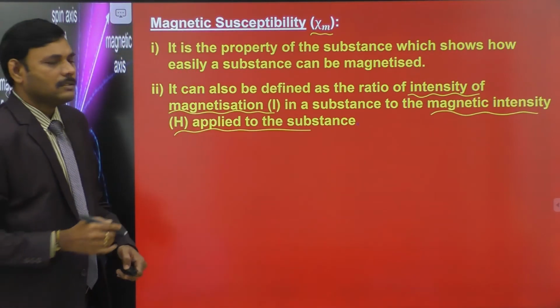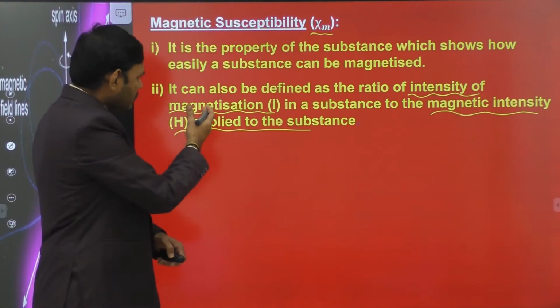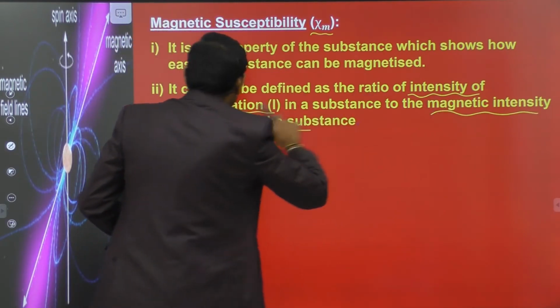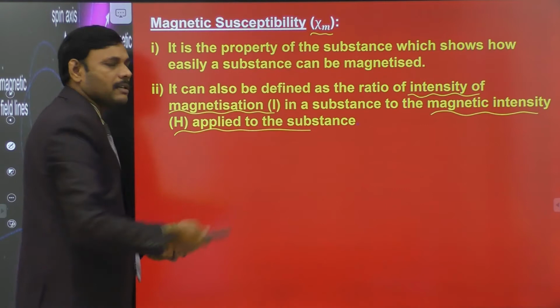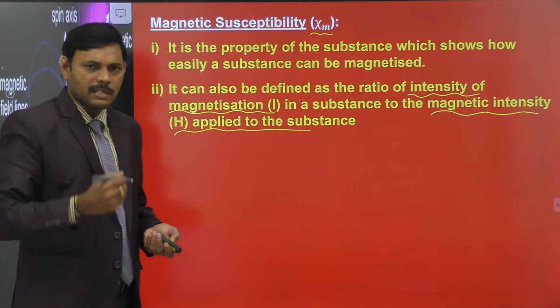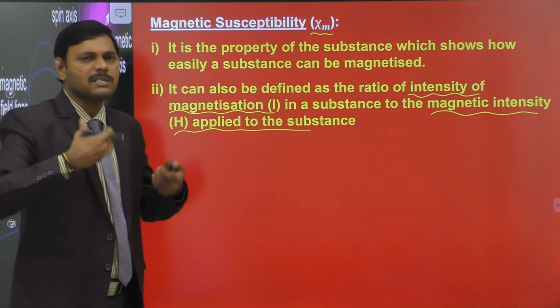Don't get confused, try to follow the definition clearly. When magnetic intensity H is applied in a region and we insert the material in that region, the material acquires magnetism.